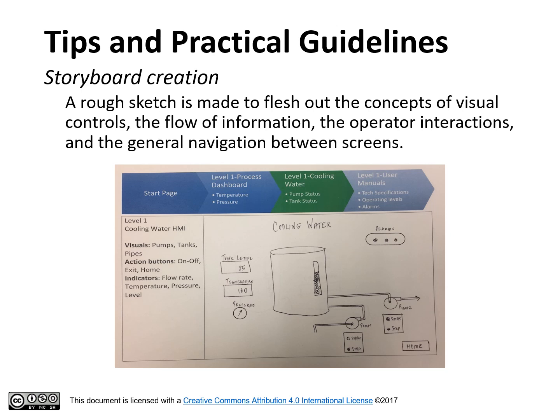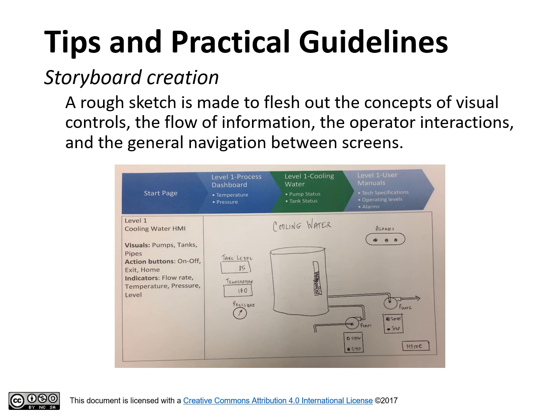The visual controls may include buttons, sliders, input and output text boxes, status indicator lights, and gauges. The flow of information from and to the controllers, actuators, and sensors is an important factor to consider for proper functionally visual controls.